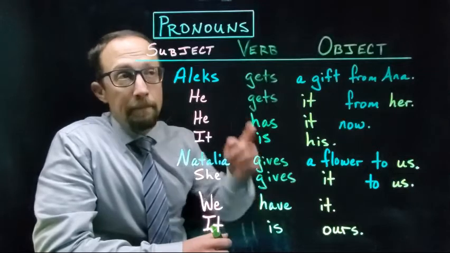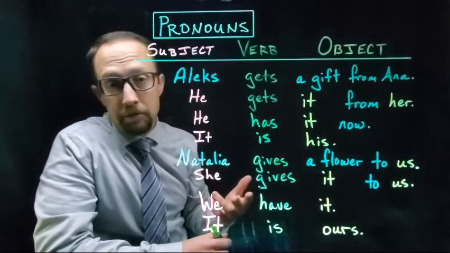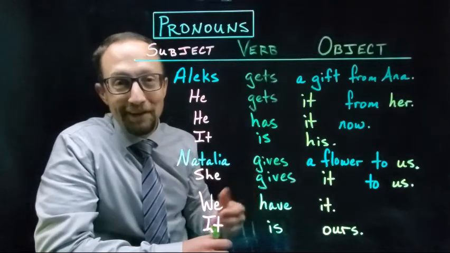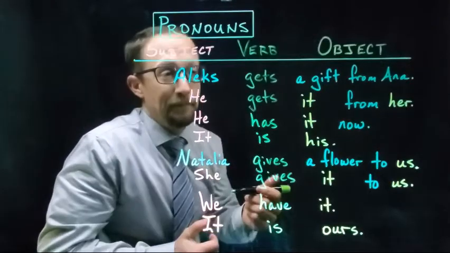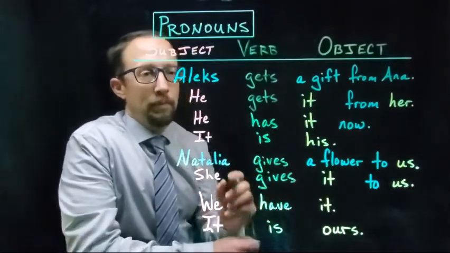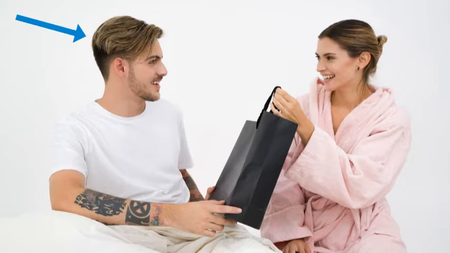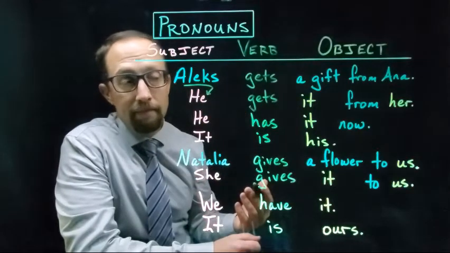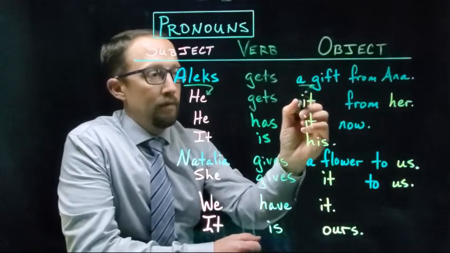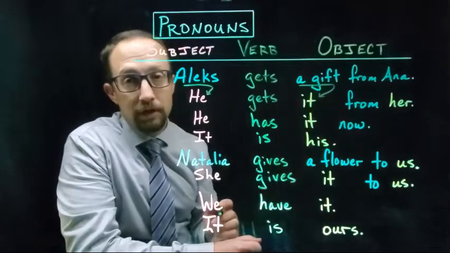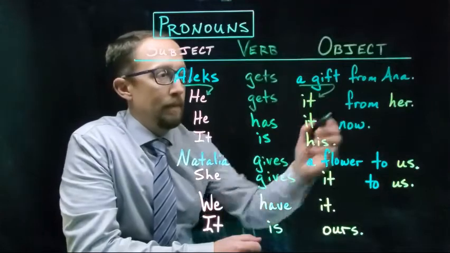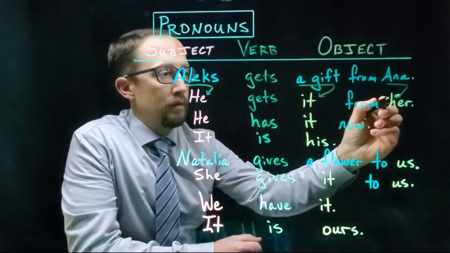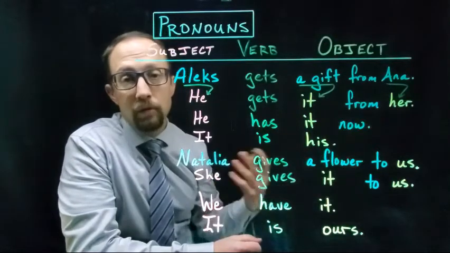Let's look at how the pronouns change. Remember, you can use your notes. So, for example, Alex gets a gift from Anna. Alex changes to he. A gift changes to it. Anna changes to her.